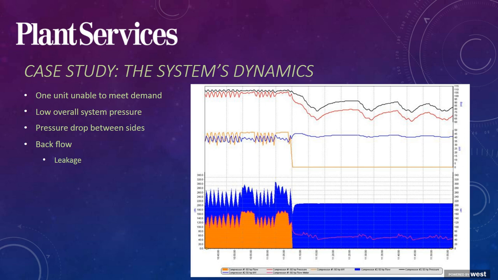But why? Could it be that it's black pipe? Could it be that it's corroded internally? Those are things that we'd have to look at. Plus, then we have that backflow at number 1, which appears to be leakage. When pressure drops so significantly, you also have to be careful of the rating of your dryers and filters, as air quality can be compromised with these pressure drops.